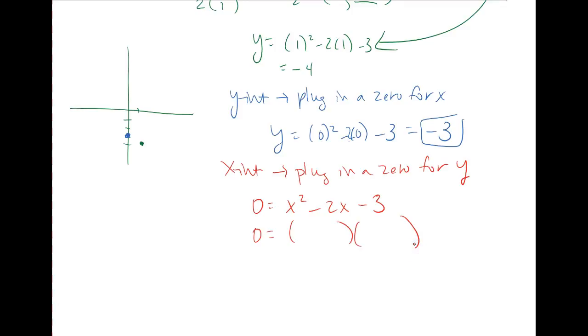The way that I factor is the guess and check method, which means I look for two numbers that multiply to make the last term and add together to make the middle term. So for me, 3 times 1 is 3, but how do I make a -2 when I add these together? A -3 times a 1 is a -3, but then a -3 plus a 1 is a -2.